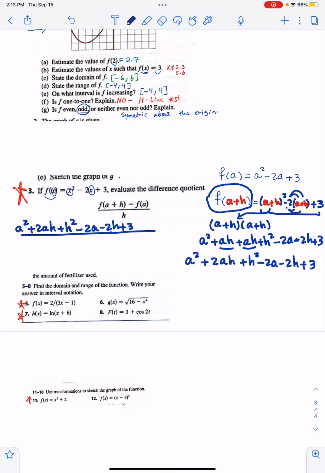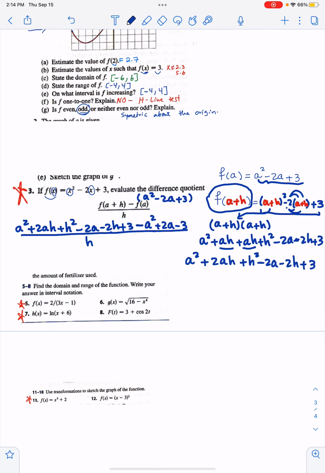Now minus f of a. F of a is this, so you would have minus a squared minus 2a plus 3. When you are writing it, remember that you need to distribute this negative inside all 3 of them. So after distribution, negative a squared, positive 2a, and negative 3.